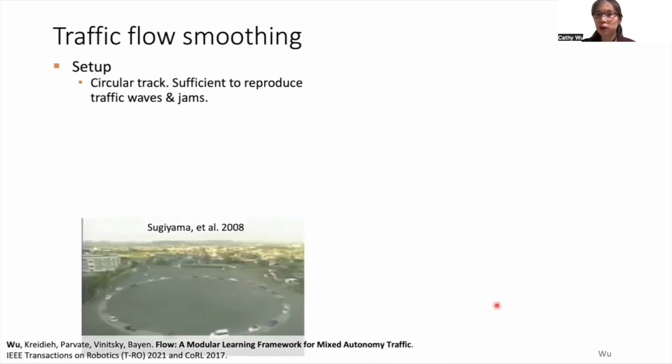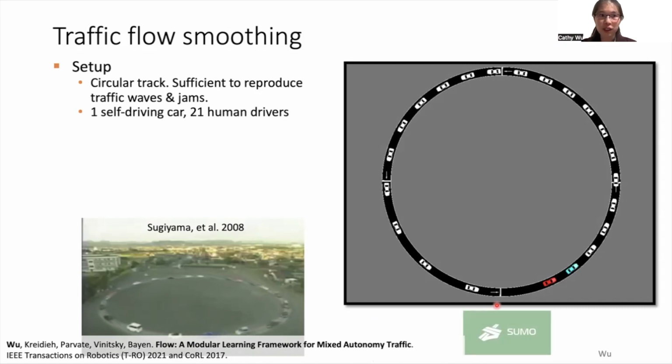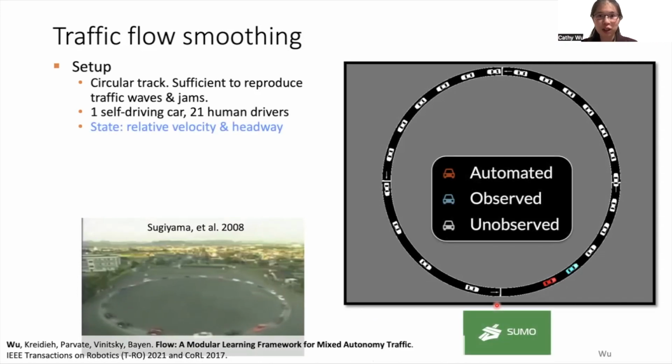So what we were able to do is model this as a Markov decision process. What does this look like? Well, we can define a very simple state, which is for a single vehicle, let's define the state as just the relative velocity and headway. This is actually really consistent with a car following model and what those models take in as input.